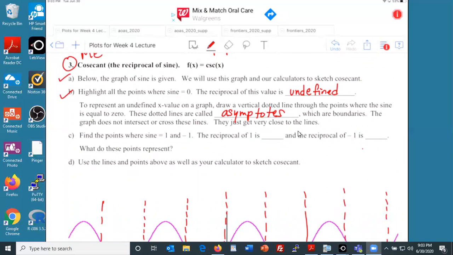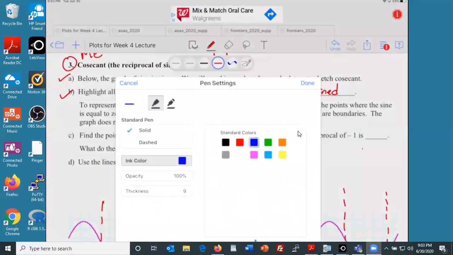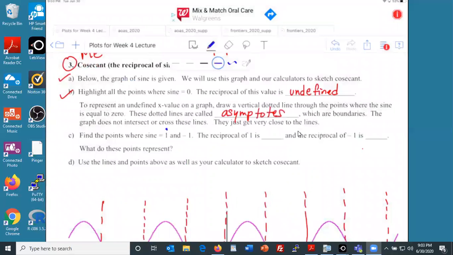C, find the points where sine is 1 and -1. So here I'm going to use blue to highlight 1s and -1s. So I'll use blue dots. And then also, the reciprocal of 1 is 1. The reciprocal of -1 is -1.